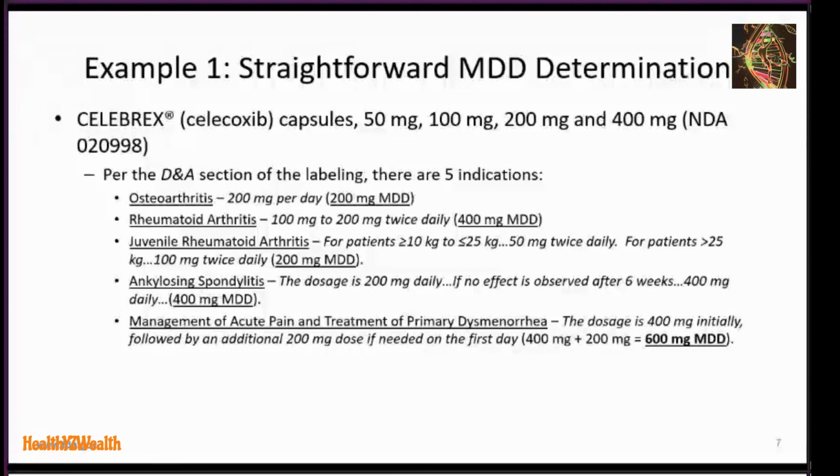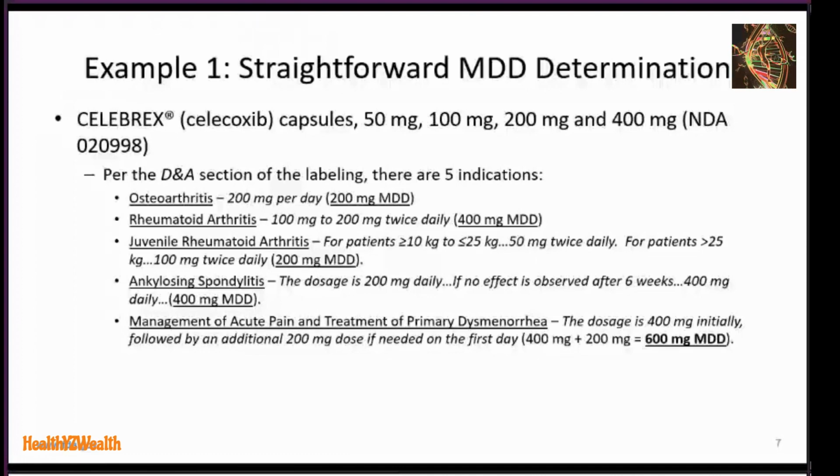For rheumatoid arthritis, patients may be administered 200 milligrams twice daily, so the maximum daily dose is 400 milligrams. For juvenile rheumatoid arthritis, patients greater than 25 kilograms may receive 100 milligrams twice daily, so the maximum daily dose is 200 milligrams. For ankylosing spondylitis, the maximum daily dose is 400 milligrams.